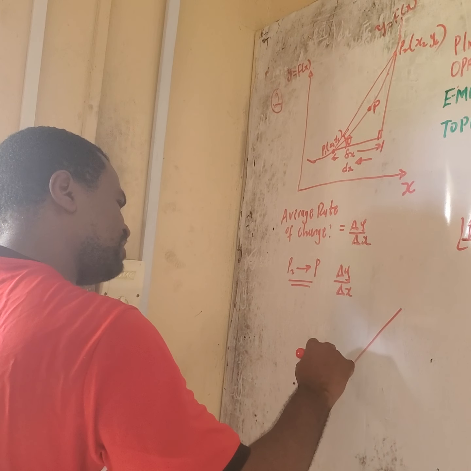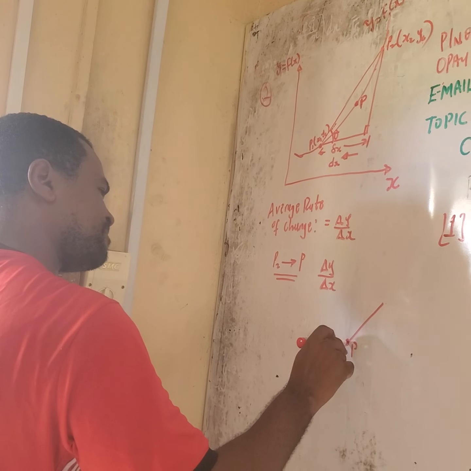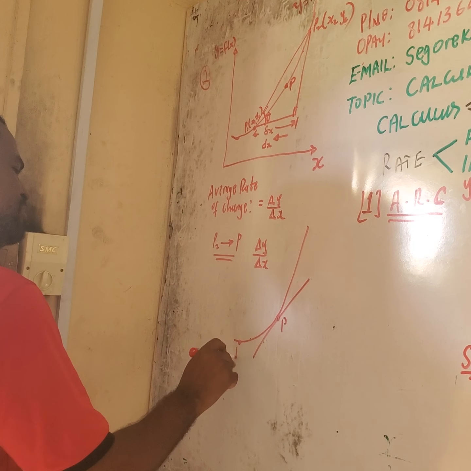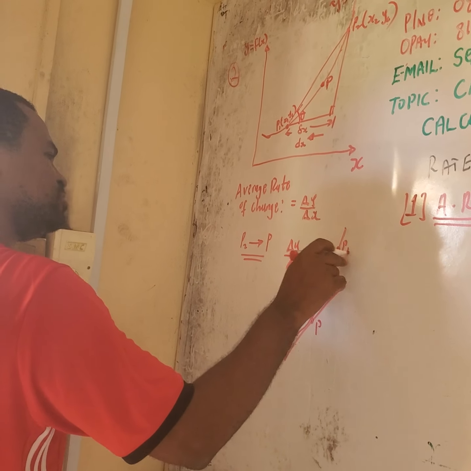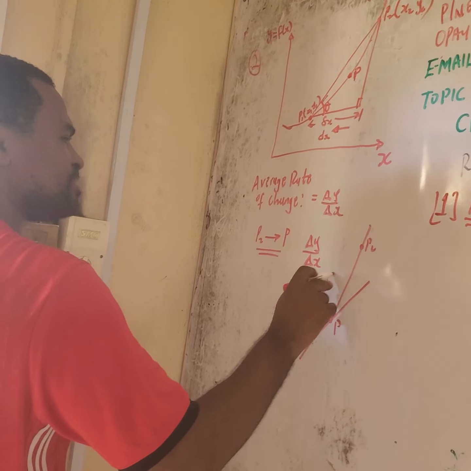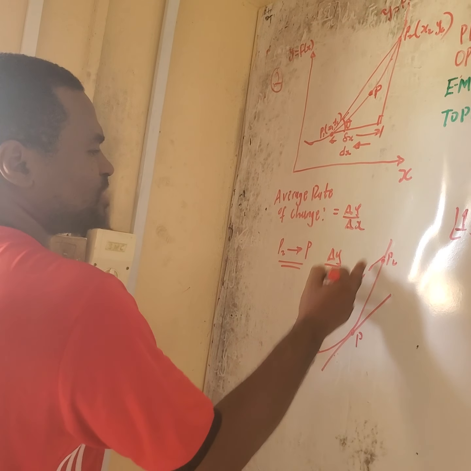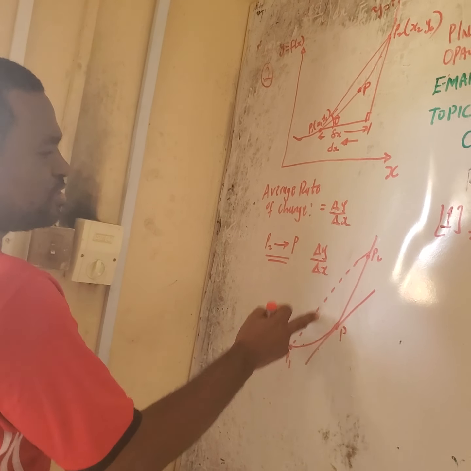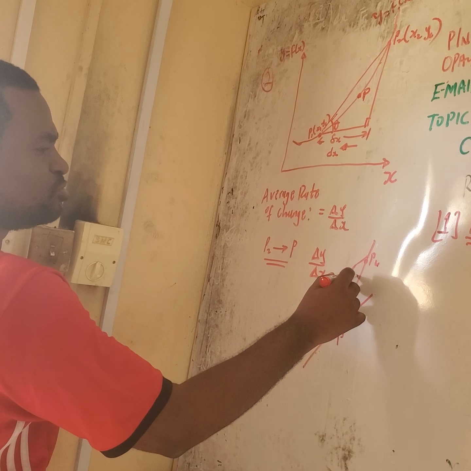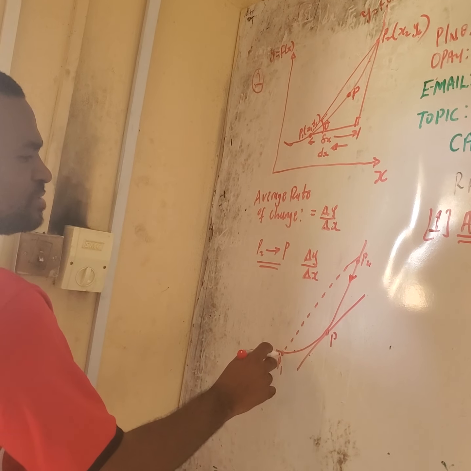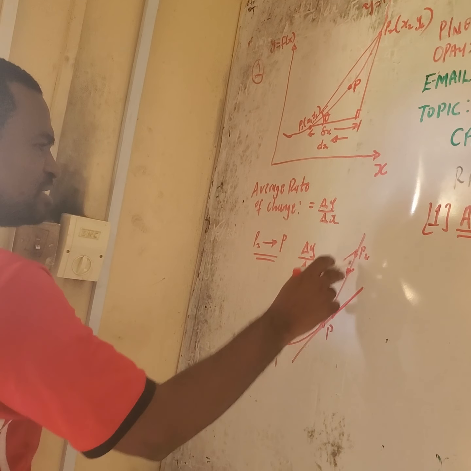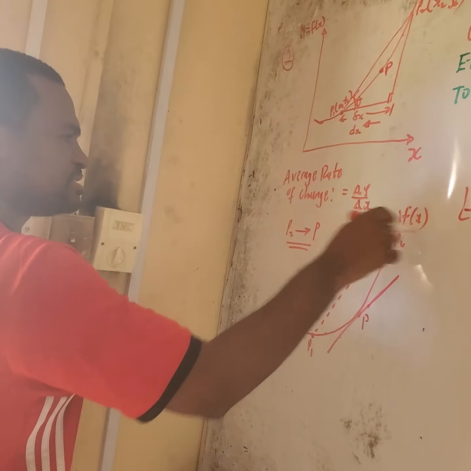Let's say I have the point P here, then I have the point P1 here, I have point P2 here. You know that along this particular line, we calculate what is called a slope, and that slope is called the average. But as point P2 moves towards point P1, this particular line will become tangential to the curve f of x.